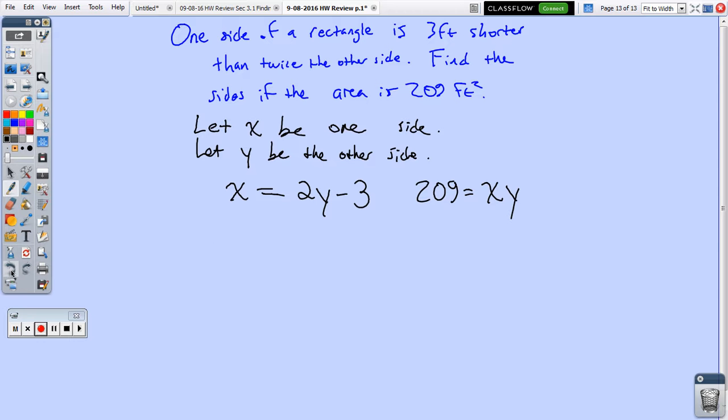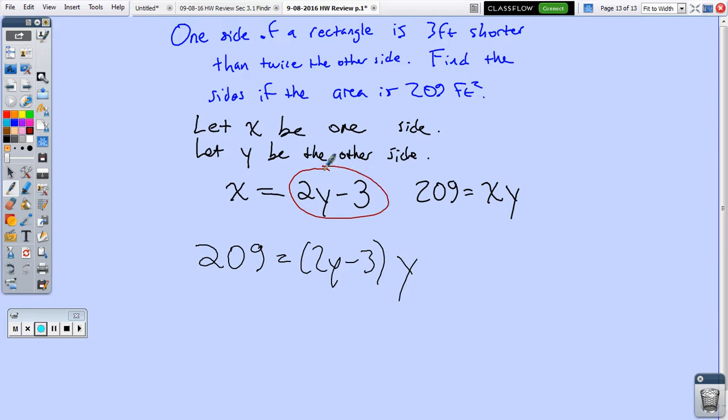If you have a question, you can raise your hand, but please don't talk. 209 equals 2y minus 3 times y. All I did was substitute this value into my x here. And now it's a quadratic: ay squared plus by plus c equals 0. There's nothing confusing about this.